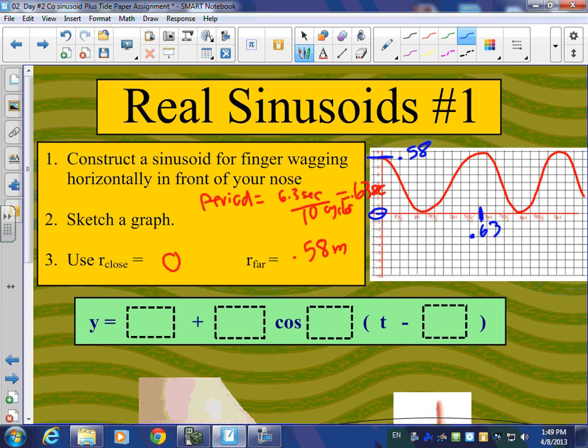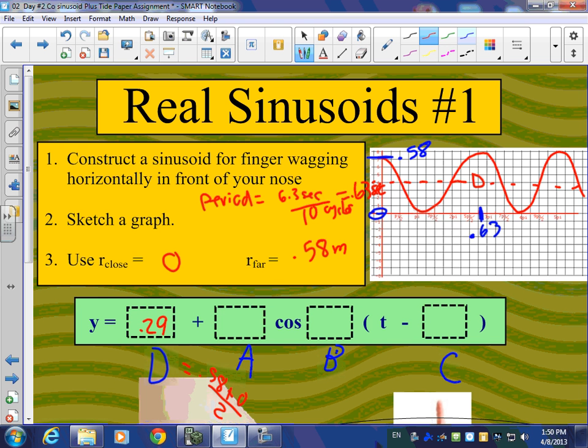So the equation is going to be y is equal to d plus a cosine b t minus c. We're going to calculate d. D is this part right in the middle. What do you think that's going to be? Well, it's going to be 0.58 plus 0 divided by 2, which is about 0.29, right? 0.29.